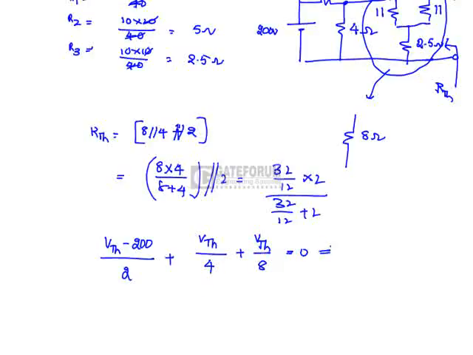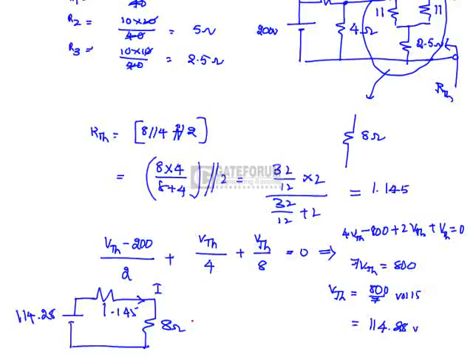So if we simplify this one, 4 VThevenin minus 800 plus 2 VThevenin plus VThevenin equals 0. That is 7 VThevenin equals 800. VThevenin is 800 by 7 volts.